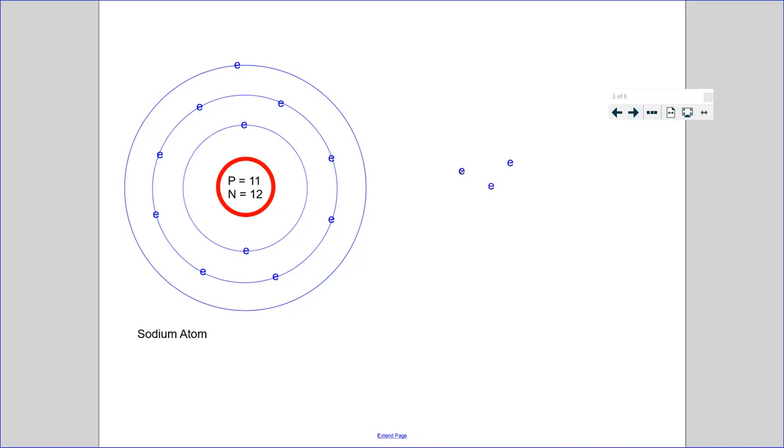This is a sodium atom. It has 11 protons and 11 electrons, right? 2 in the first orbit, 8 in the second orbit. Yes, free electrons are electrons that are not in the orbit of an atom. Actually, they are still in an orbit of an atom, but they are not the property of an atom.